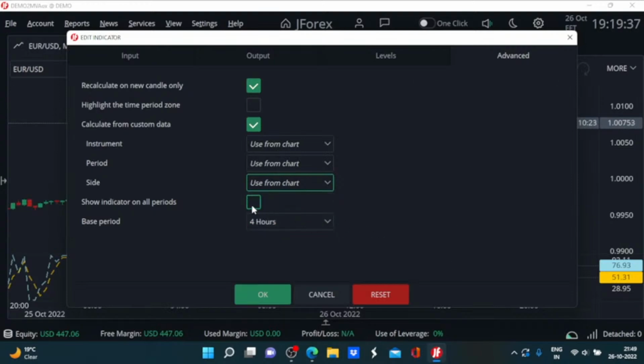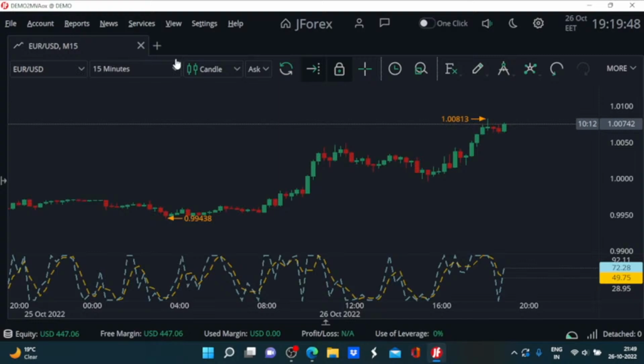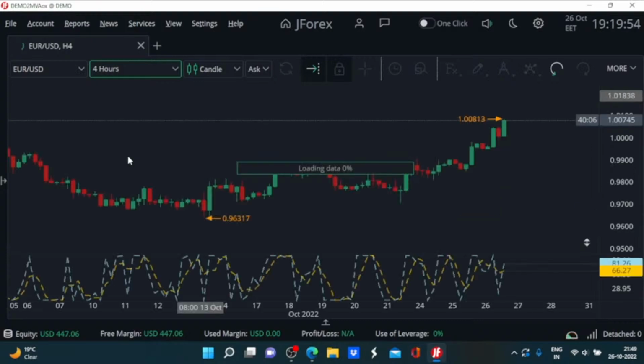If you want the indicator to be available on all the candle periods, whenever you change the chart, you have to opt in for this, else you have to specify on which time frame the indicator should appear, and only on those time frames this indicator is going to appear. As I have opted for 15 minutes and 4 hourly, we will have this stochastic RSI plotted.